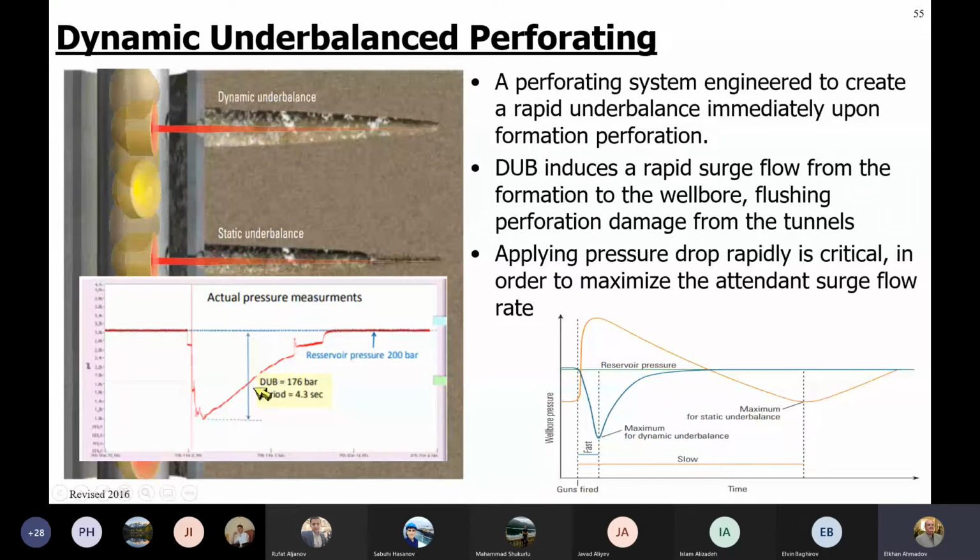After that, the pressure builds back up to the reservoir pressure, and we have a safe system in the wellbore. The main task, the cleaning of the perforations, is done, so we get clean perforations and a safe well. Okay. Now, overbalance perforating.